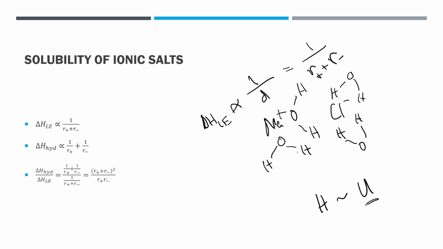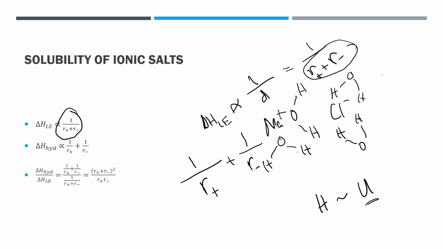So what's important is that we don't have this sum on the bottom. We don't have the 1 over distance term, because the distance for just the sodium alone is proportional to 1 over the radius of the sodium ion. But we also have the interactions of the chloride with the water, which is 1 over the radius of the chloride, right? So these are different terms. First, we have 1 over the sum of the two radii, because the ions are interacting with each other.